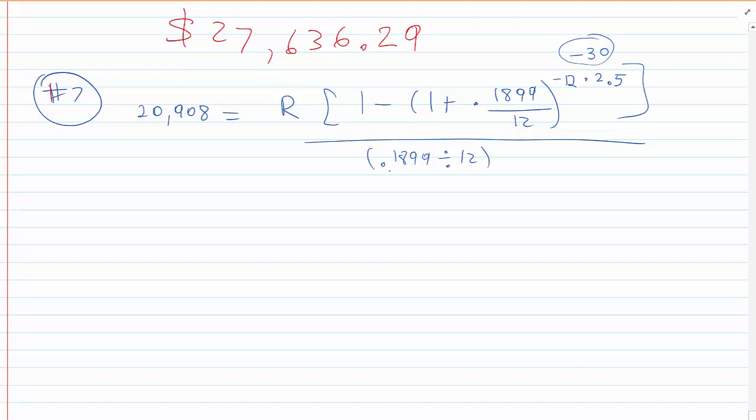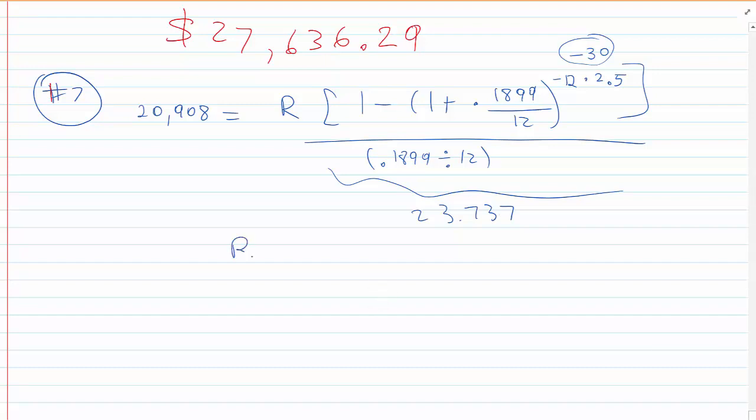Did anyone do it yet? Maybe? No? 0.1899 divided by 12, and then to the power of -30. The whole thing divided by 0.1899 divided by 12. So it's 23.737. And then 20,908 divided by that.